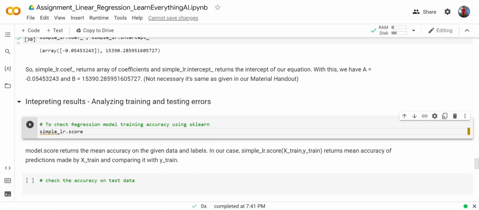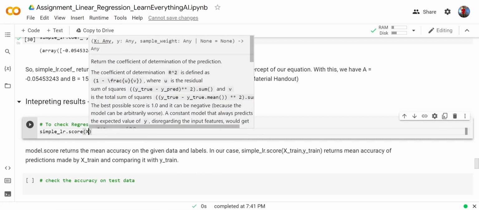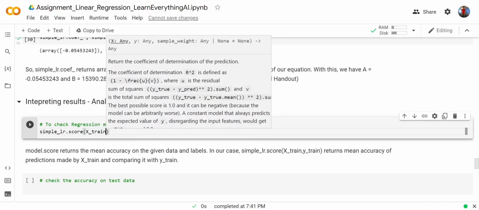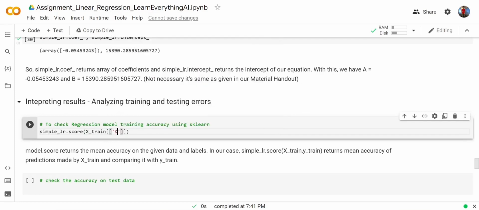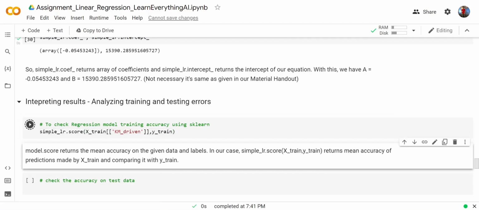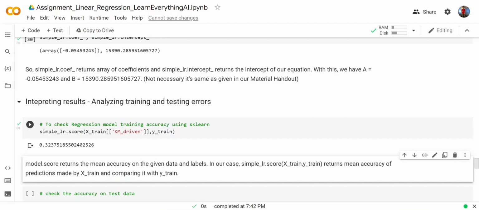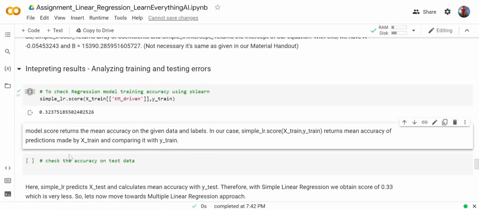You might not be able to predict the actual number, but you will easily be able to understand that our model will not work so well, because despite having so many independent variables that play a major role in determining the price, we have just used one of them. So let us see the training accuracy. As we can see, we obtained a very bad accuracy value of 32.3%, which is extremely bad.